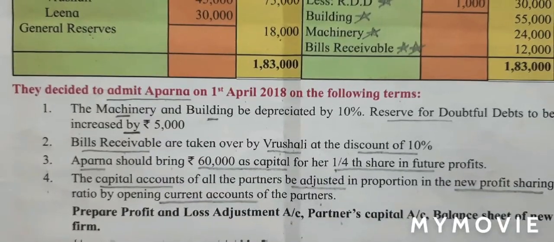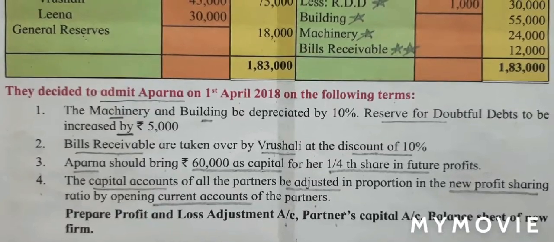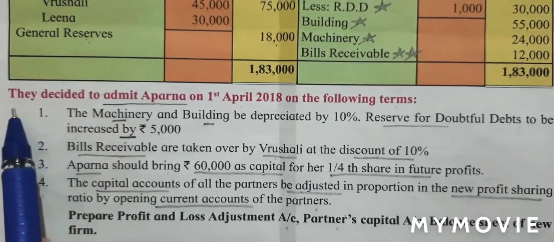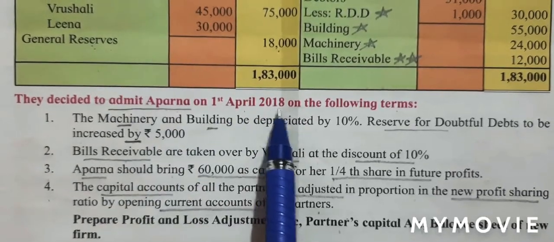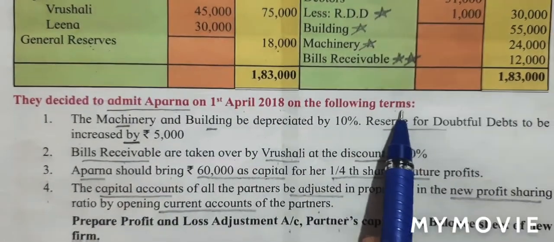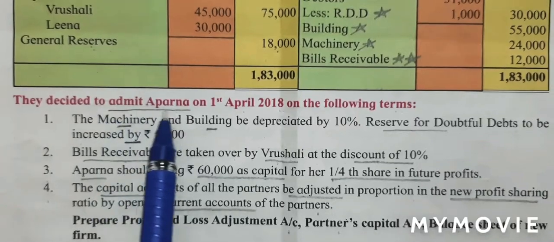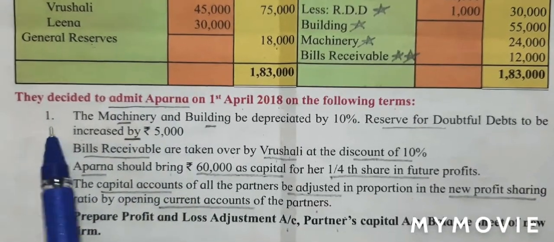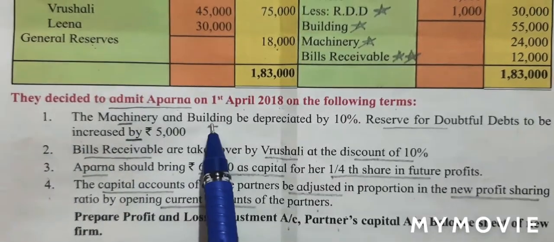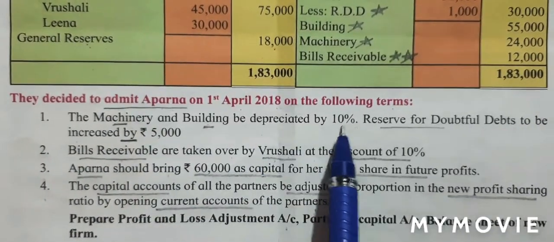We will now begin with step number 2, reading of adjustment. They decided to admit Aparna on 1st April 2018 on the following terms. So Aparna is admitted as a new partner. Adjustment number 1. The machinery and building be depreciated by 10%.